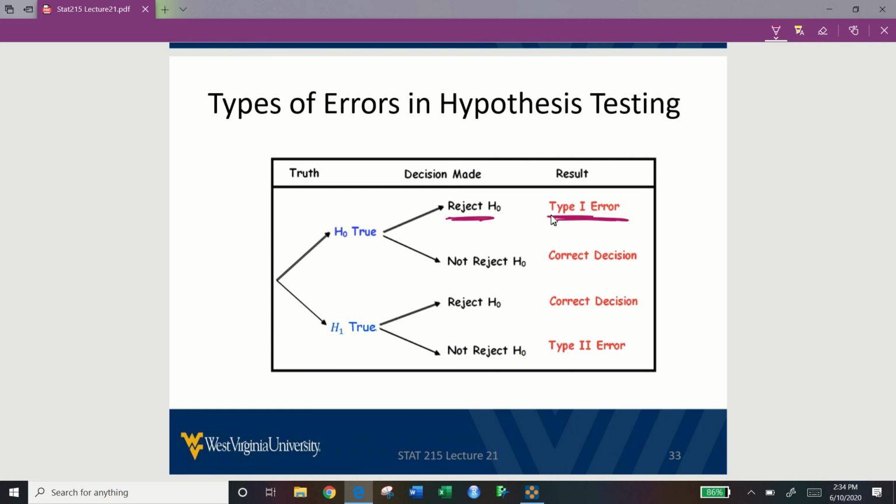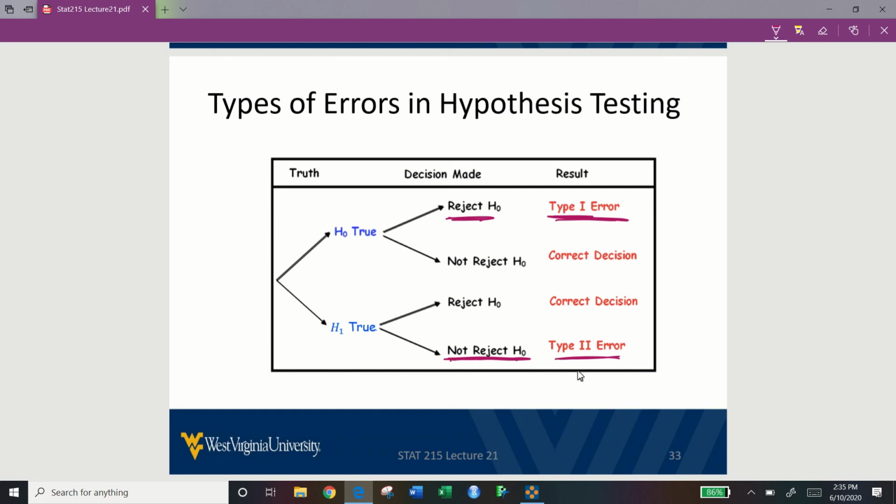But sometimes we make mistakes. So sometimes it occurs that the alternative hypothesis is true, but instead we make the decision to not reject the null hypothesis. This error is known as a type 2 error.